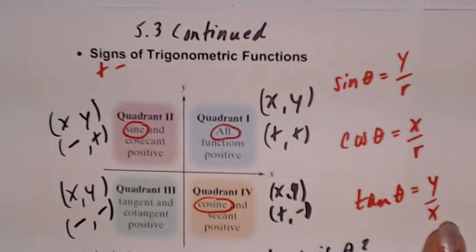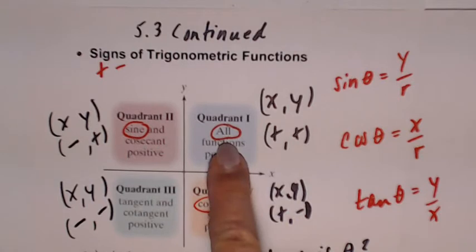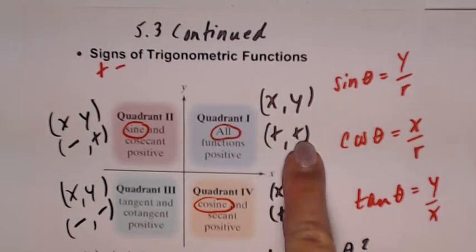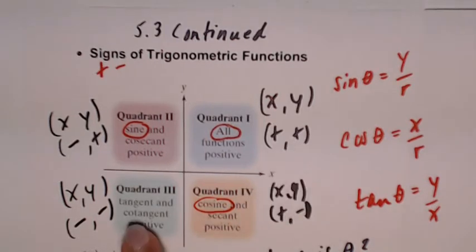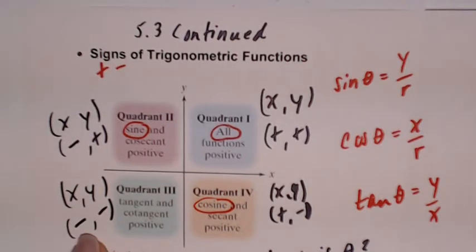Now, in terms of tangent, tangent is y over x. There is no r here. So the sign of tangent, again, positive, negative, is contingent upon the signs of y and x. So in Q1, where both x and y are positive, tan is also going to be positive. In Q3, where x and y are both negative, tan will also be positive because a negative divided by a negative is positive.